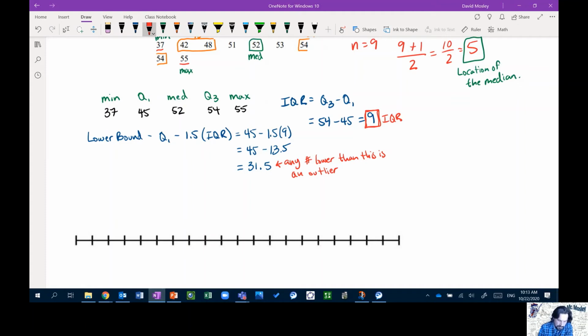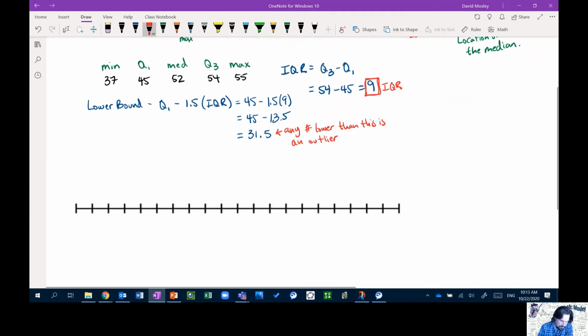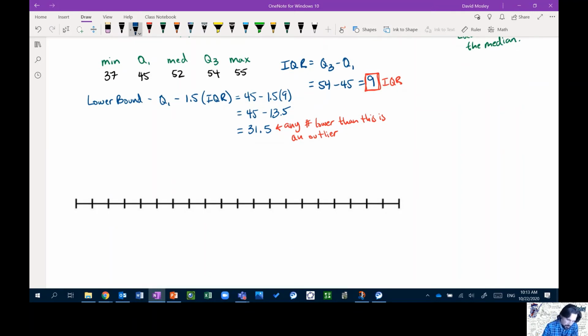Now we'll do the same thing to find our upper bound. A similar thing, except in this case, I'll use Q3 and I will add 1.5 times the IQR. Which in this case we will get Q3 is 54 plus 13.5.